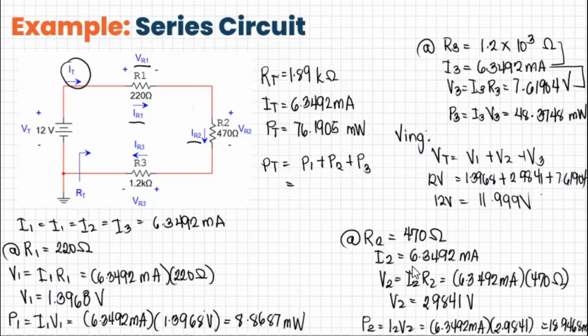The total power is 76.1905 milliwatts. If you add P1, P2, and P3, you would get a similar value for PT, which is 76.1905 milliwatts. So that is for series circuit.